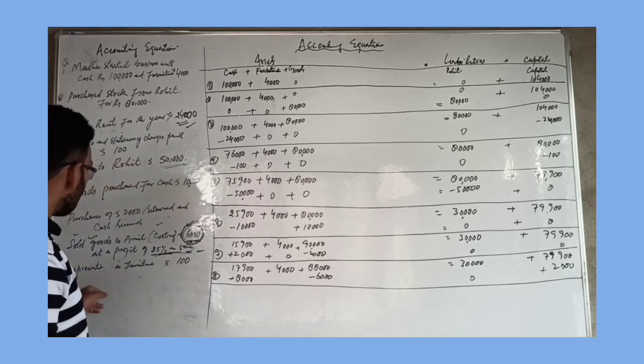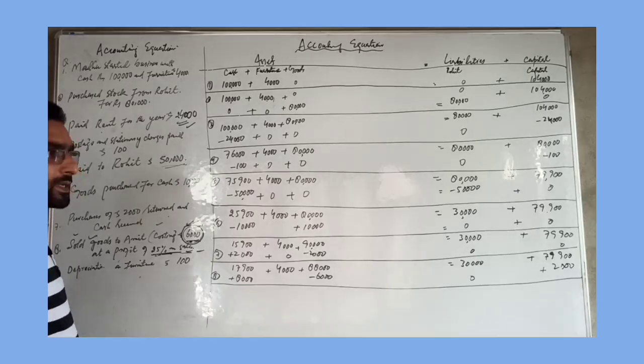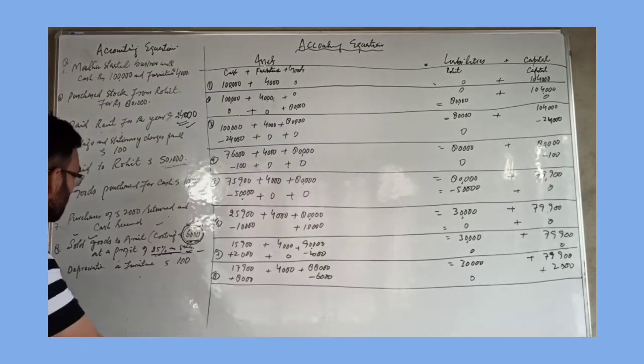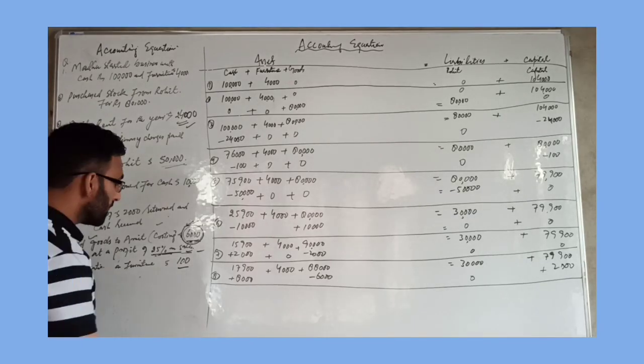Now we are at the last point. Depreciation on furniture is rupees 100. Depreciation is also an expense to the business. So the asset, that is the furniture, decreases by rupees 100.